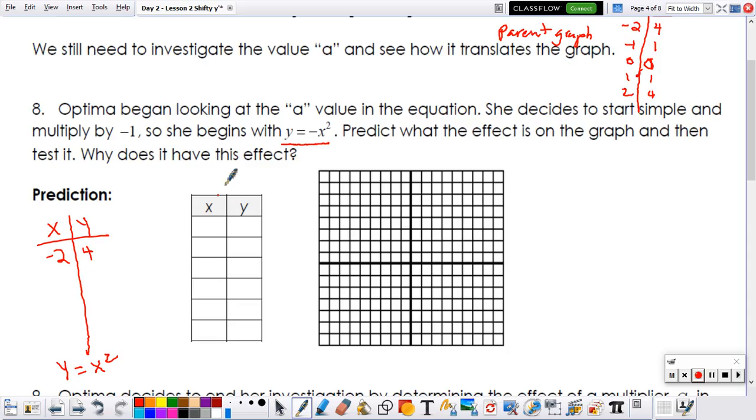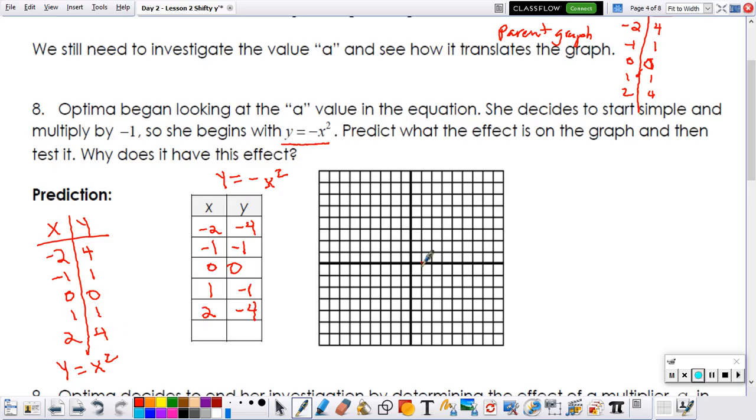If I now make this -x squared, if I put a negative in front of this, -2 now becomes -4. If I had the point -1, 1, and I put a negative in front, what happens? The y value becomes negative. 0, 0 is still 0, 0, but what about 1, 1? It becomes 1, -1. 2, 4 becomes 2, -4.